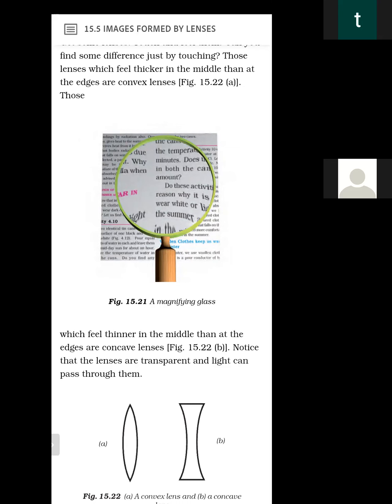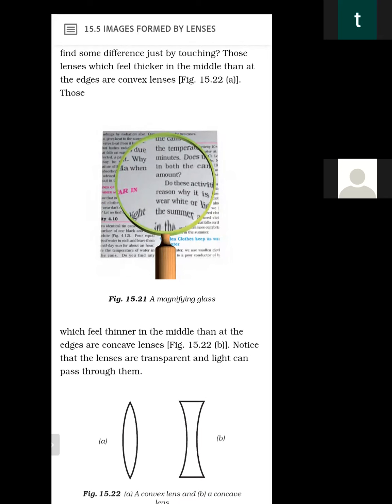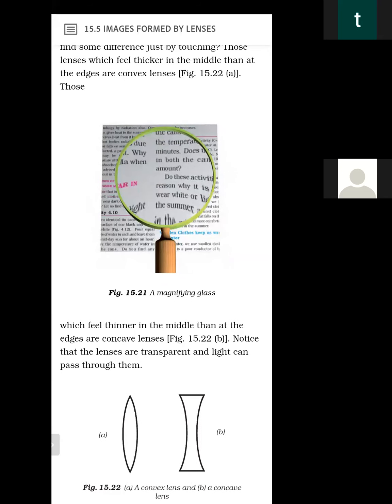Again, you can write a second definition: the transparent surface which curves outward is convex, and the surface which curves inward is concave. As we discussed in the case of mirrors, curve inward, concave; curve outward, convex. The same definition we can write here. You have to write these two lenses in your fair notebook: concave lens and convex lens.